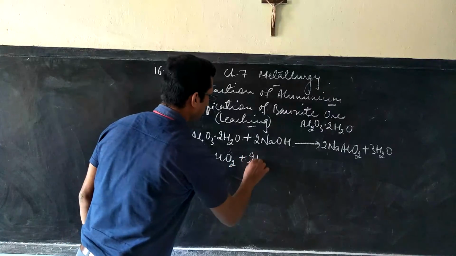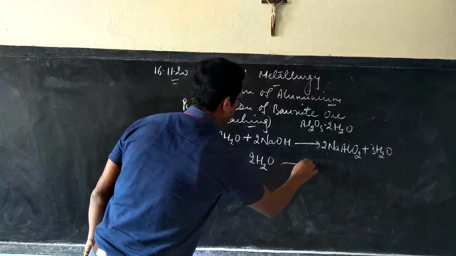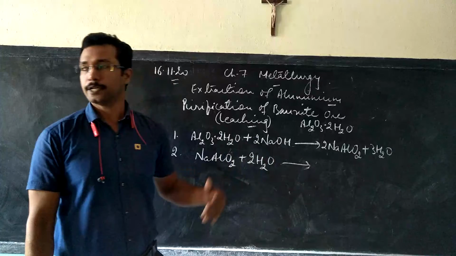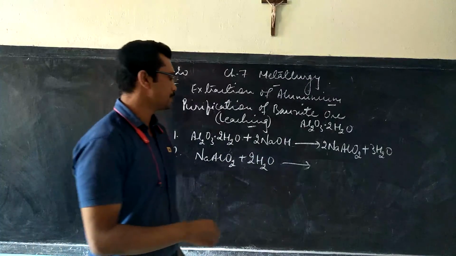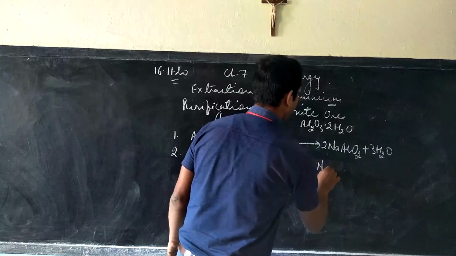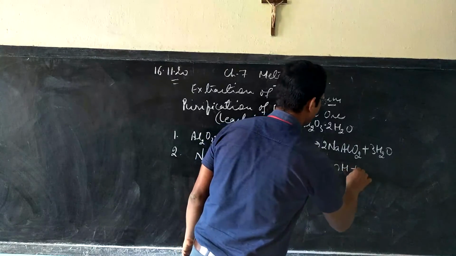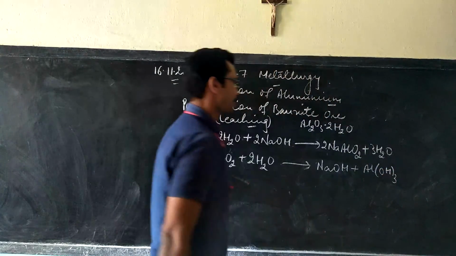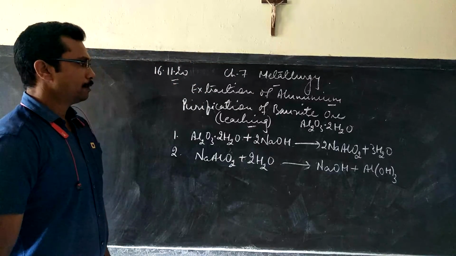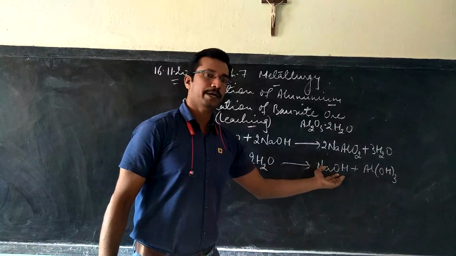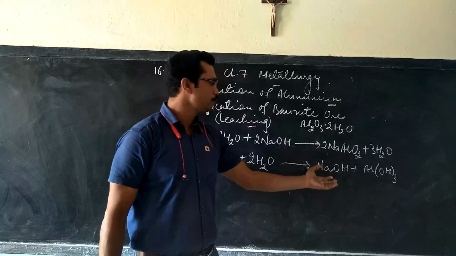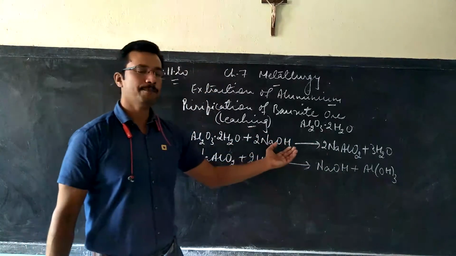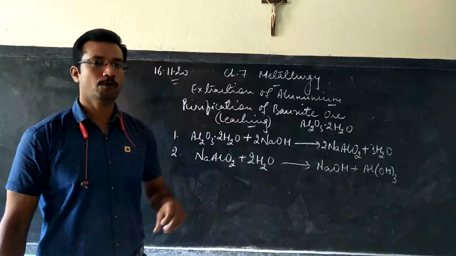When we add water and the temperature is dropped to 50 degrees Celsius, we obtain sodium hydroxide and aluminium hydroxide. This sodium hydroxide can be reused in the first step to dissolve more and more bauxite ore.